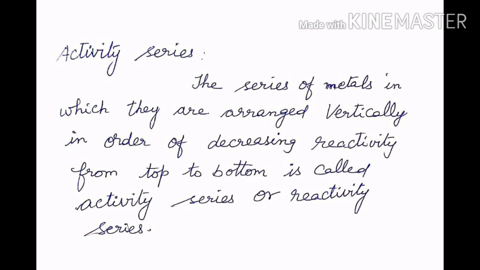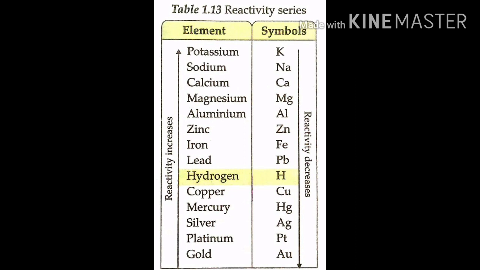The series of metals in which they are arranged vertically in order of decreasing reactivity from top to bottom is called activity series or reactivity series. Look at the table. This table shows the reactivity series of metals.